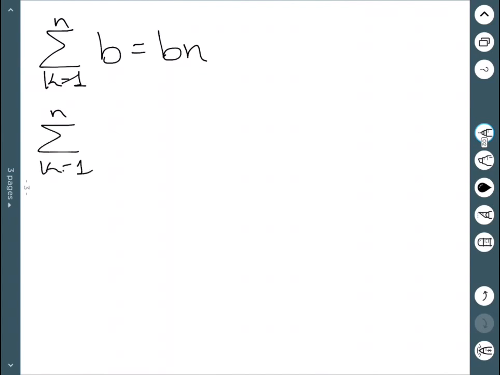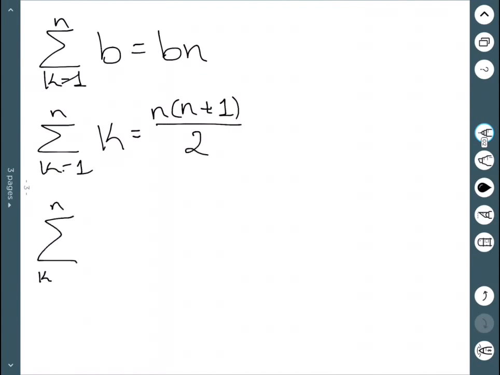Before we actually evaluate these sums, we should know some of the basics. The first one is if I add from 1 to n of just a constant c, then we have cn. If I add up from 1 to n of k, so 1 plus 2 plus 3 plus 4, etc., we have n times n plus 1 over 2.